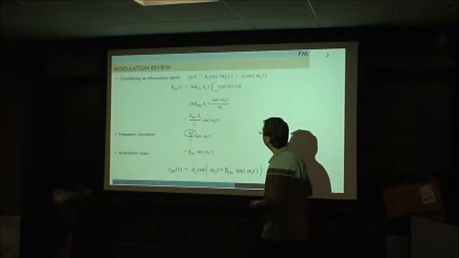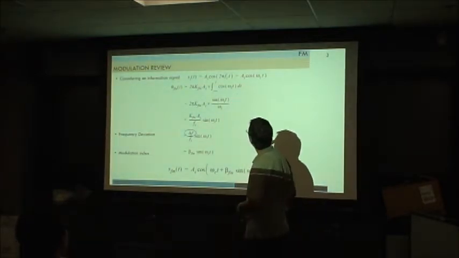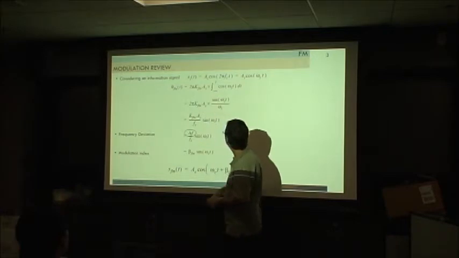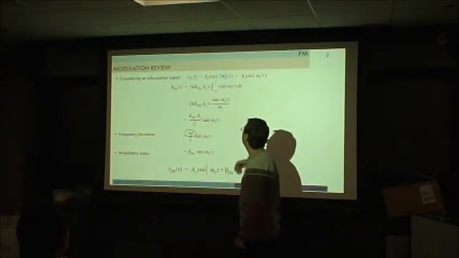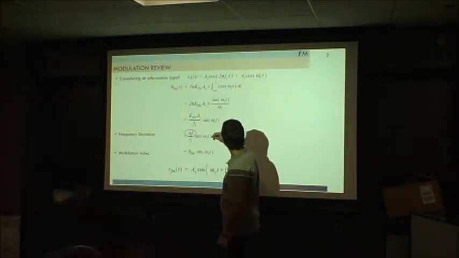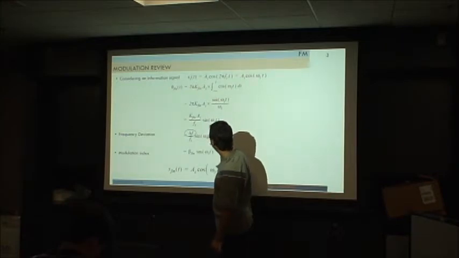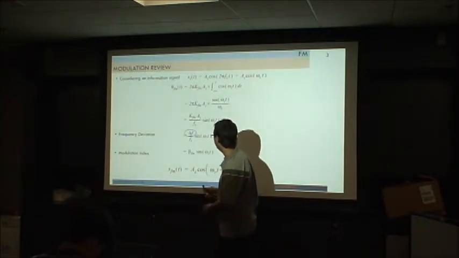Let's see, if we have that information signal, which is some cosine, and we know that this will be our modulating signal, then if we do the math on all of that, we see that the integral of it will be the sine. We follow all the steps and arrive here. So I want to stop here.